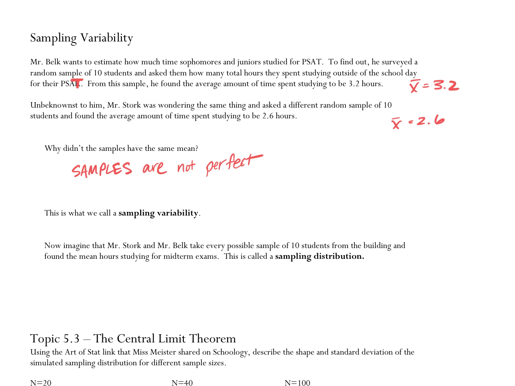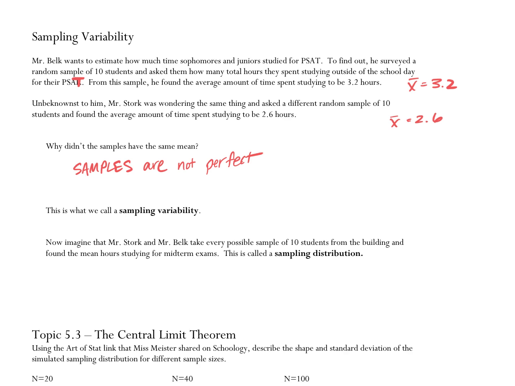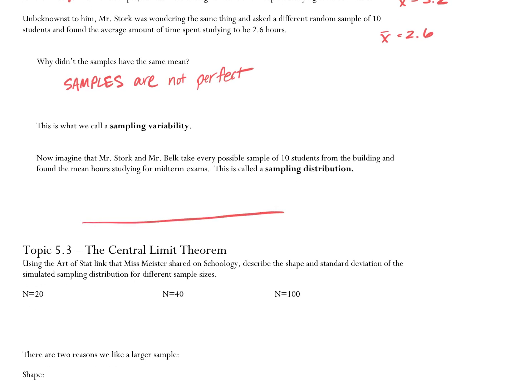Is this making sense? Okay, so now, is it possible that we could take every single sample of 10 and find the mean study time for the PSAT? Not practically, but could we do it? Yeah. And if we did, here's Mr. Stork's sample, here's Mr. Belk's sample, I could take a sample, maybe it's up here, right?